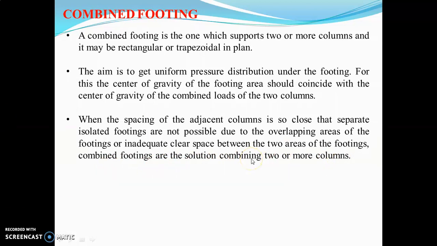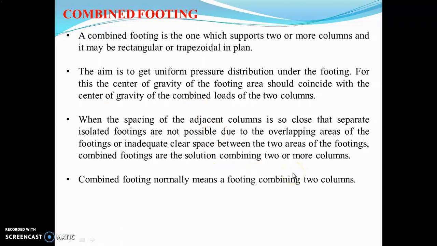In such a case, combined footings are the best option. Combined footing normally means a footing combining two columns.